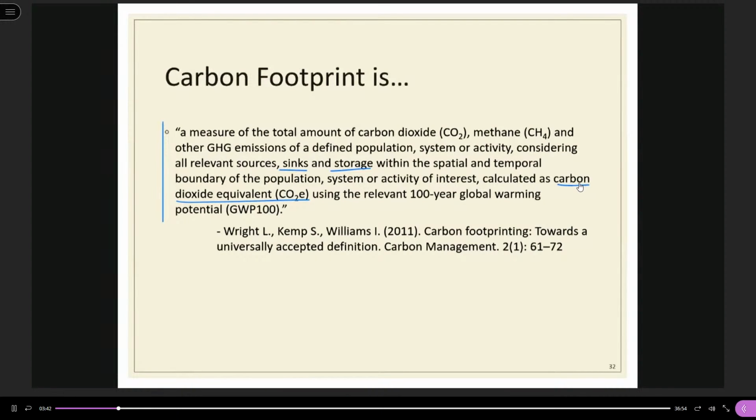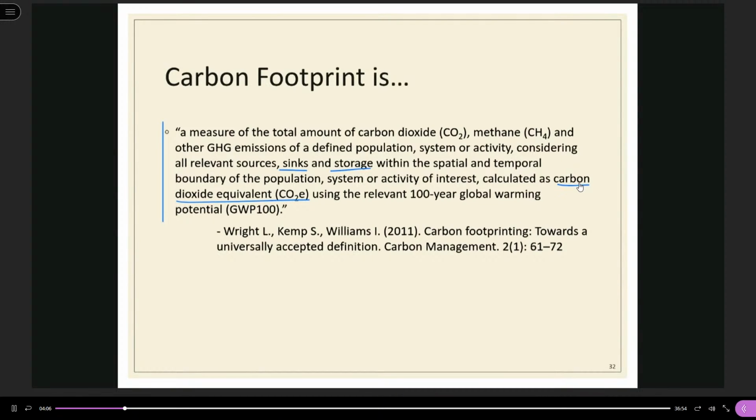So the production includes both direct and indirect. Maybe you go to have a BBQ and you burn charcoal for the barbecue. So you are directly contributing to carbon dioxide emission. And when you consume electricity, you indirectly produce carbon dioxide.